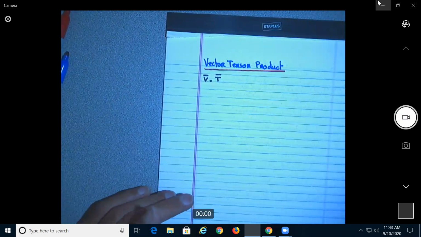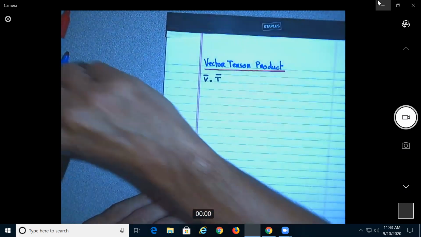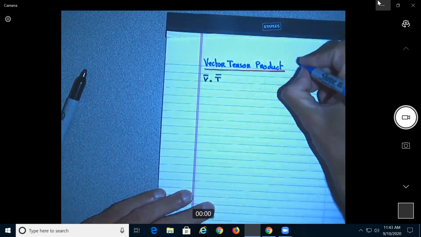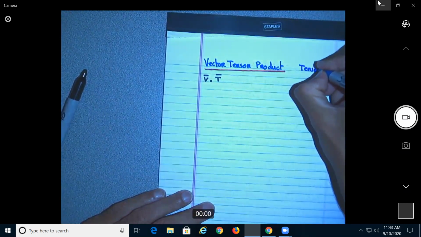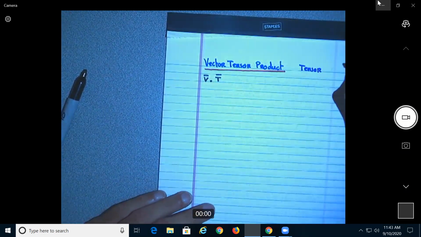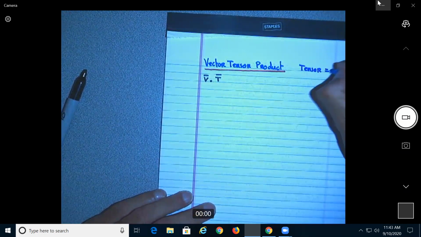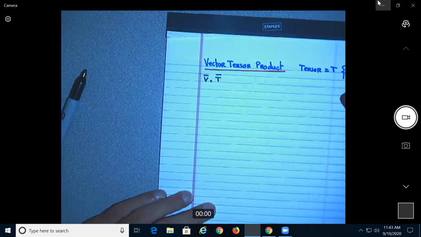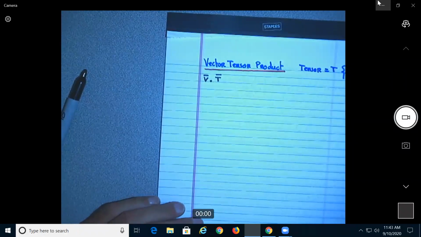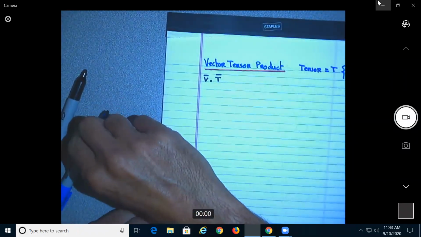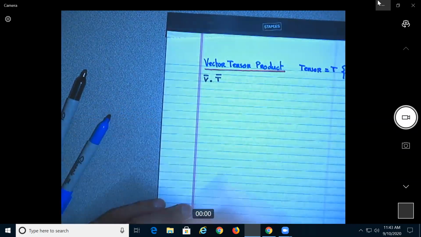So what is a tensor? What is new over here is we use the letter T, and you can have first order tensor, second order tensor, and generally we will go up to fourth order for this class. So if you have a second order tensor, what does that mean?